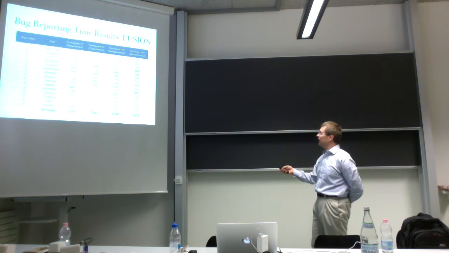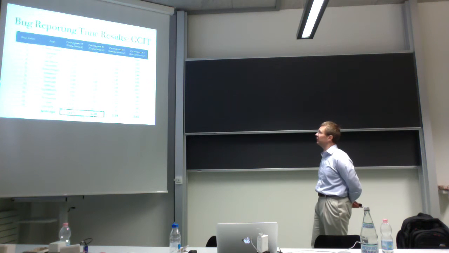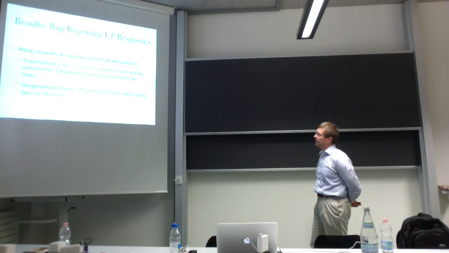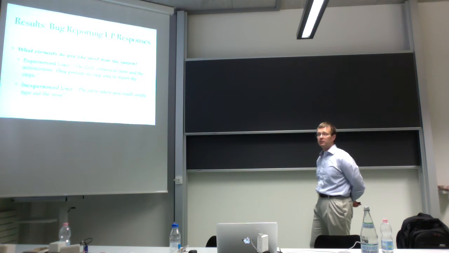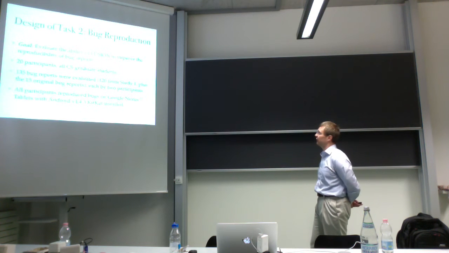But on average, it took approximately the same amount of time for inexperienced people to report the bug as compared to experienced people. And these are some of the answers that we obtained from the user on the usability of the system, or what other features they would prefer to have.